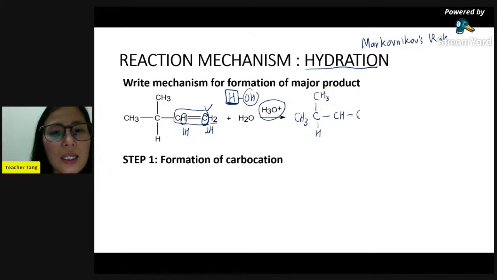So again, this is electrophilic addition. So kalau addition, double bond menjadi single bond. And according to Markovnikov rules, hydrogen of the water kena pergi carbon number 1 sebab dia mempunyai lebih banyak hydrogen. And the OH will come here. So this is one product.